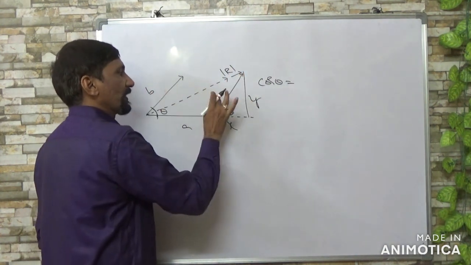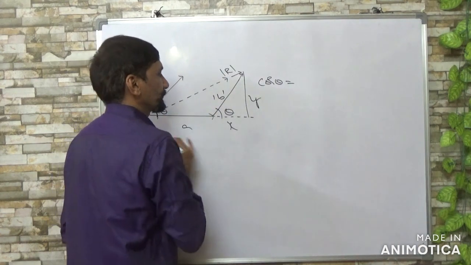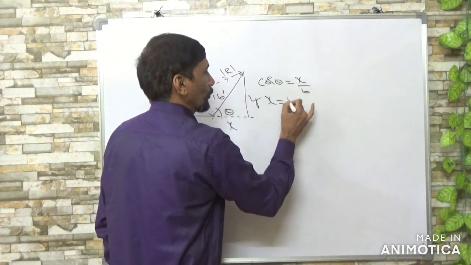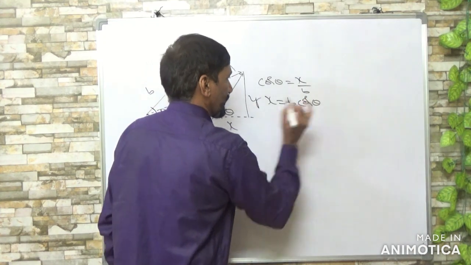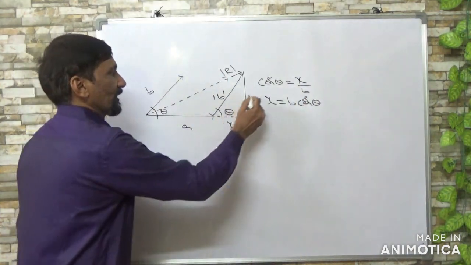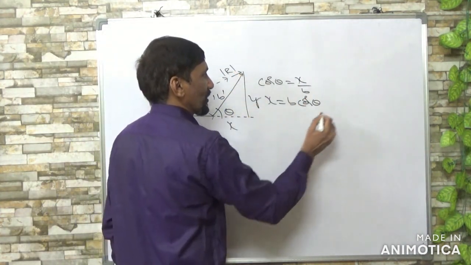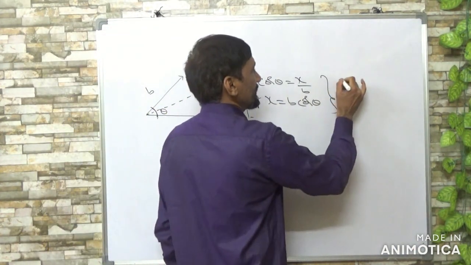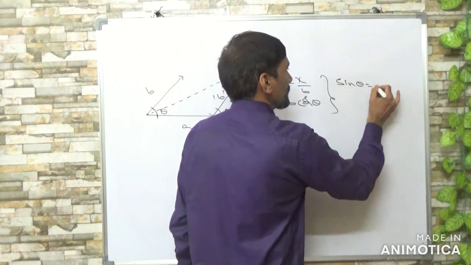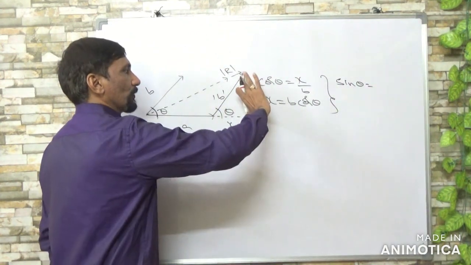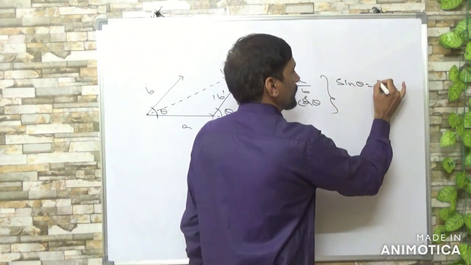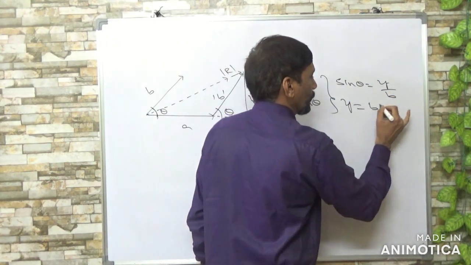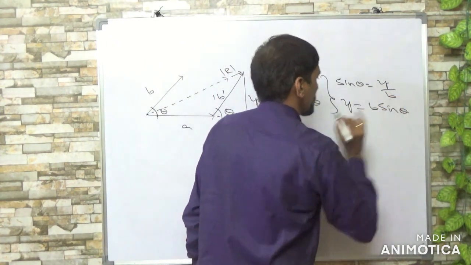If this is B, this is also B. So it is X by B. So X equals B cos theta. Similarly, you can find Y also. You take sine theta, opposite by hypotenuse, which is Y by B. So Y equals B sine theta.